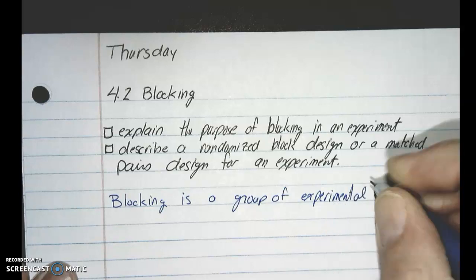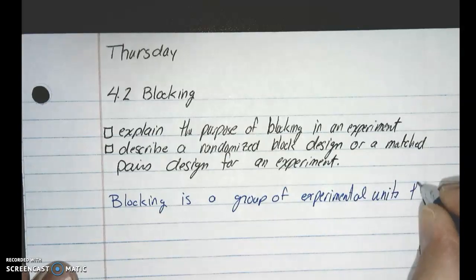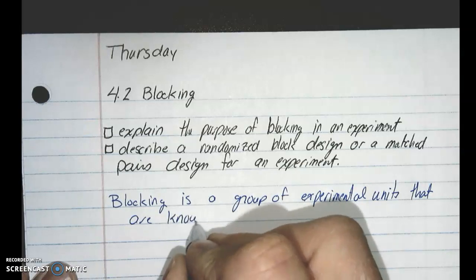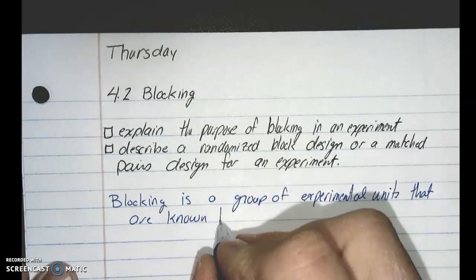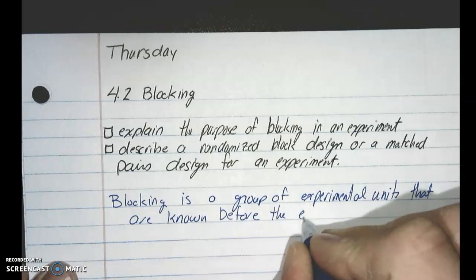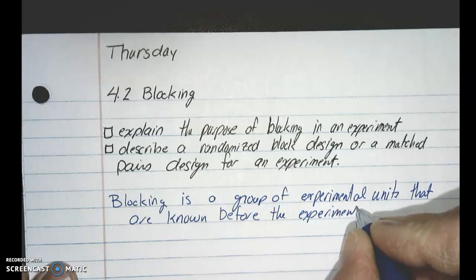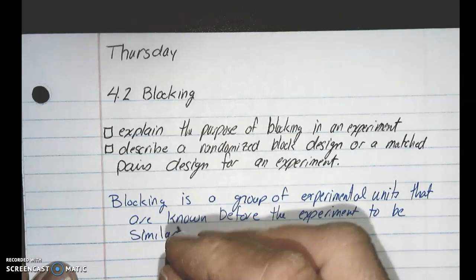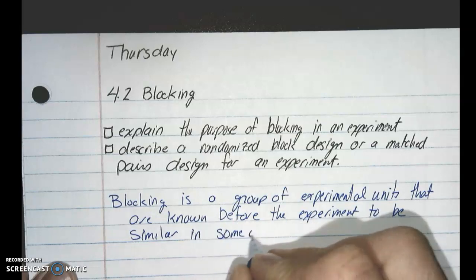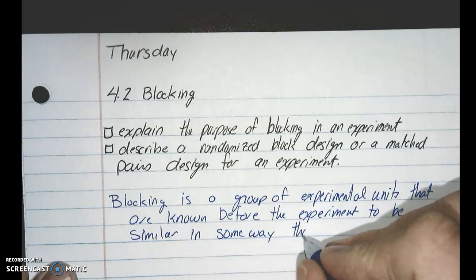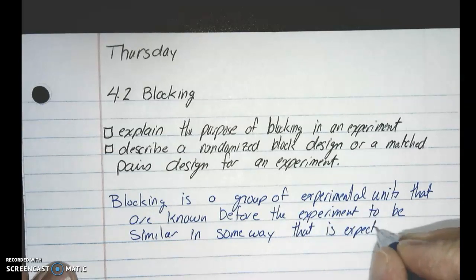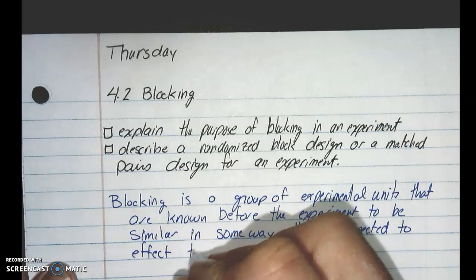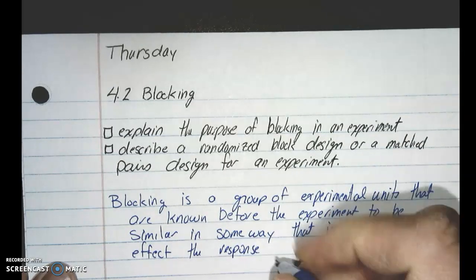So we're taking experimental units that are known before the experiment to be similar in some way, as expected to affect the response to the treatment.